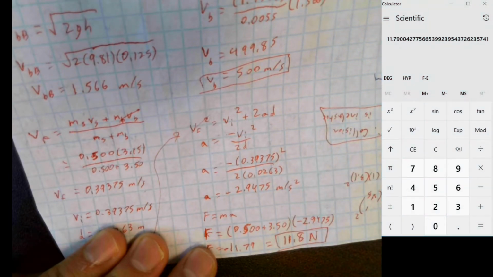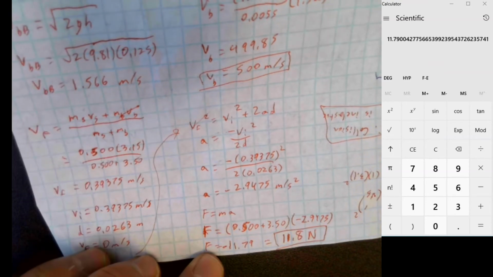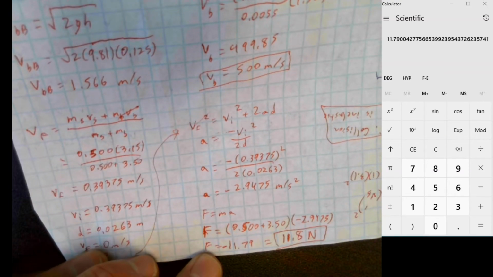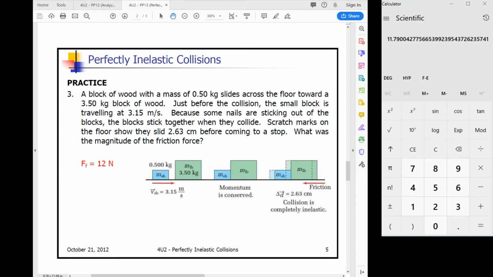Because if we look back at this problem, actually, no, I'm sorry, I misunderstood. There's a difference between the question picture and the question in words. One value is given as 0.50 kilograms in the words, and in the picture it's 0.500.